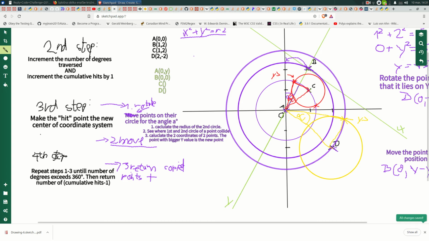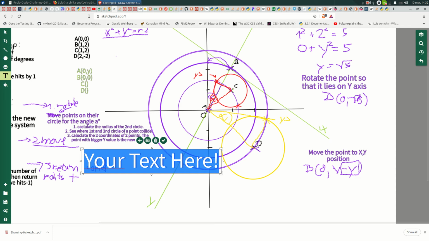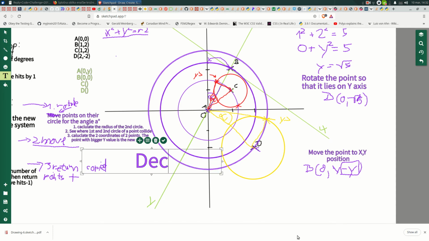So how do we move it? Well, we got B here, so we want to decrease B by the number Y, and appropriately we also want to decrease the others. So move is just decrease the Y value of points by the current value of B point.